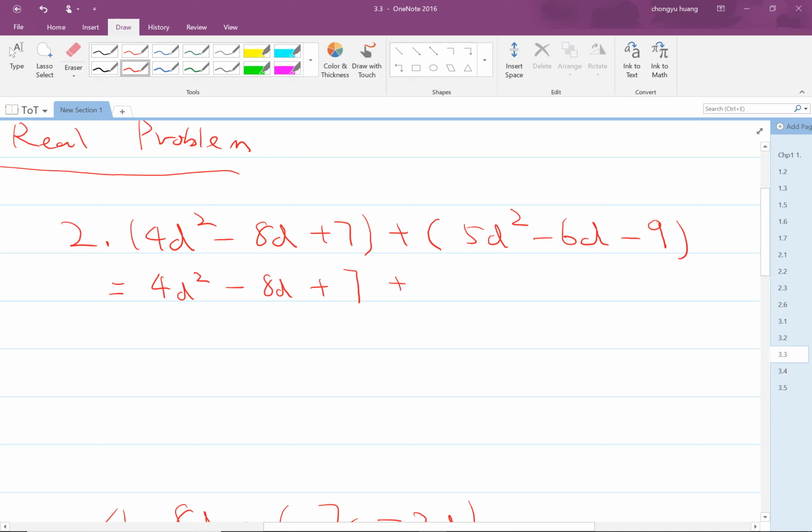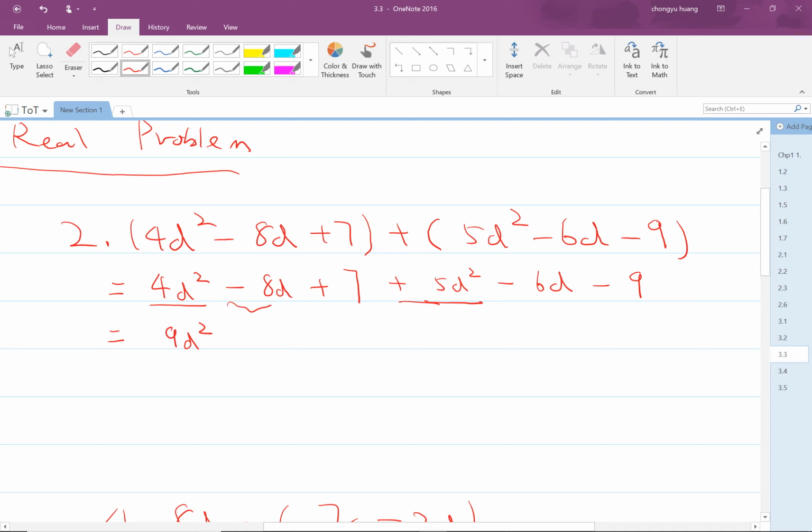We have 4d squared and plus 5d squared, so it's going to be 9d squared.